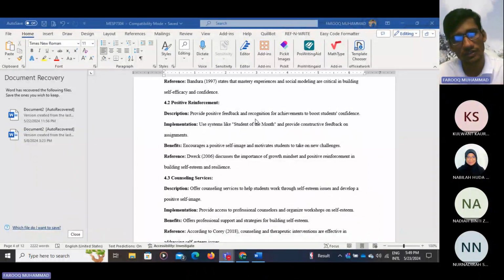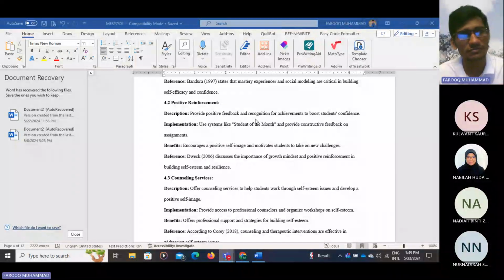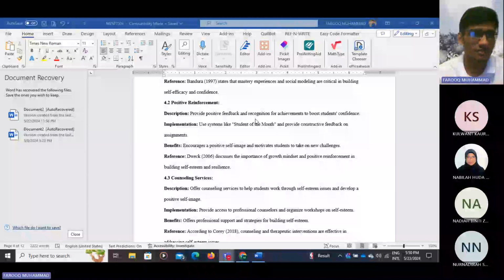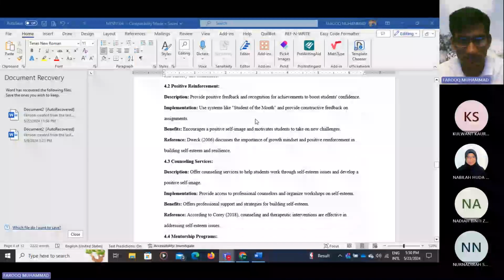They should work hard for their study, for their credibility. So use systems like student of the month. We can give stars. If we are having assessments, then we can have number-based criteria to choose the students from the class. Here I use the reference Derek 2006.